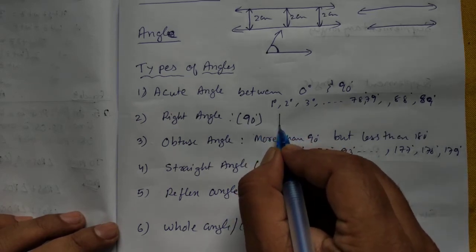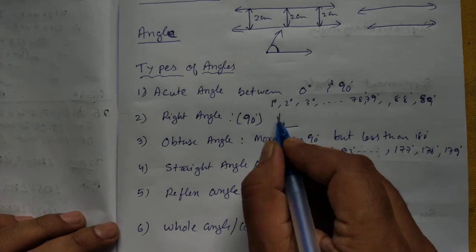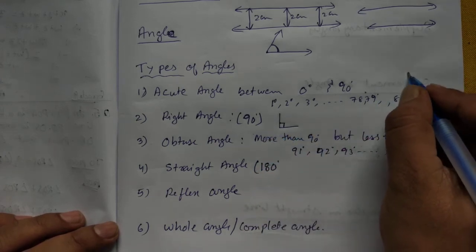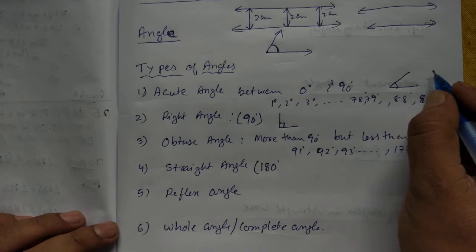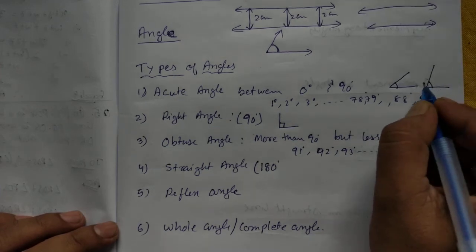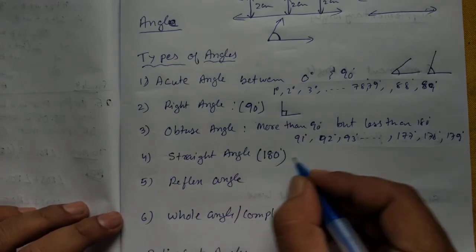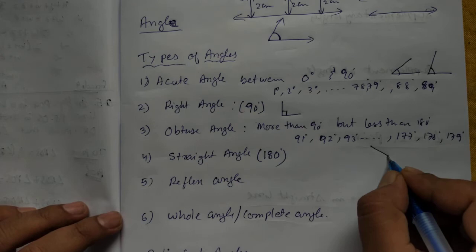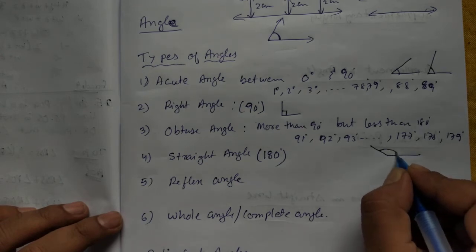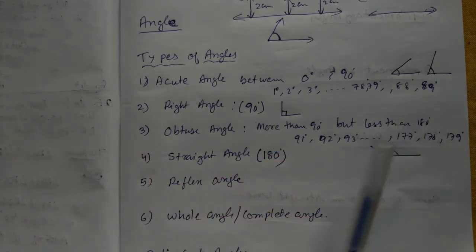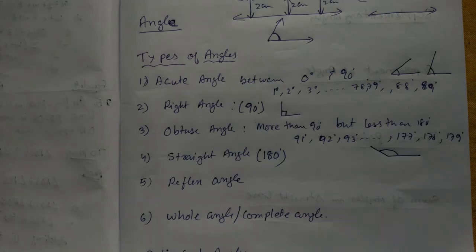In right angle, you'll see the angle is like that. In acute angle, the angle can be less than 90. It may be like that, or a little bit bigger also, but it's less than 90. Exactly 90 is L shape, and in obtuse angle, it will be more than L. For example, if you draw a diagram, it can come like that, more than L. And in straight angle, you'll get exactly a straight line.